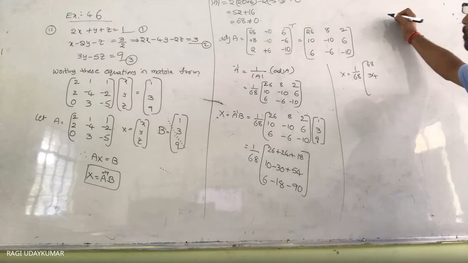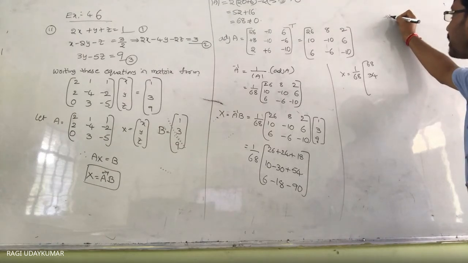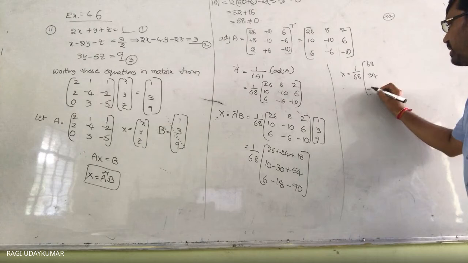What do we get? Minus 118 minus 112 we are getting. Minus 112.